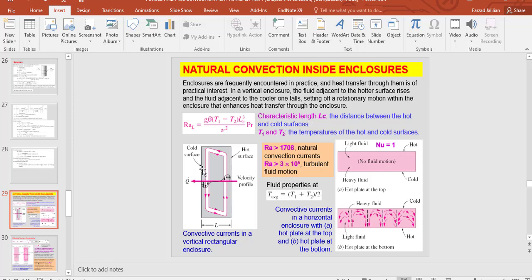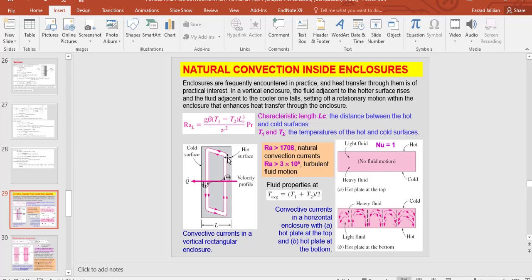As you can see here, we have hot and cold surfaces. For example, this is the hot surface, this is the cold surface of an enclosure, and you can see the flow and the motion direction of the fluid inside the enclosure, and this is due to the buoyancy and friction forces we have already introduced in the previous session.